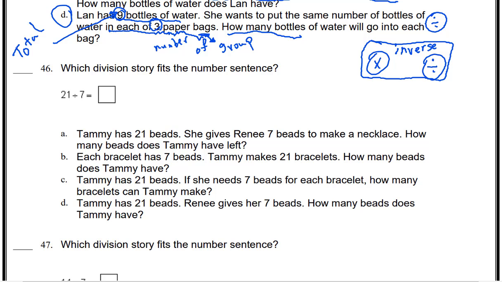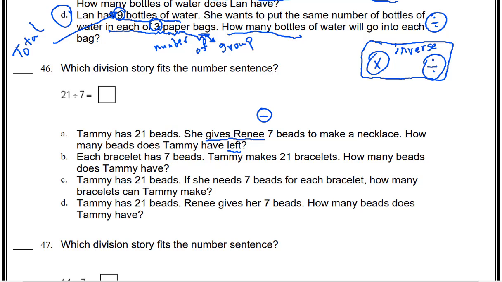She gave Rennie 7 beads to make the necklace. How many beads does Timmy have left? Okay. It's minus.